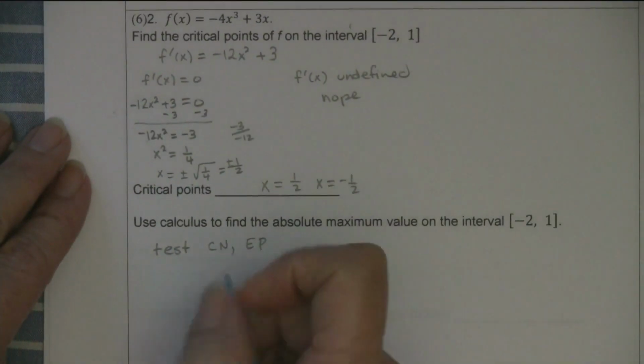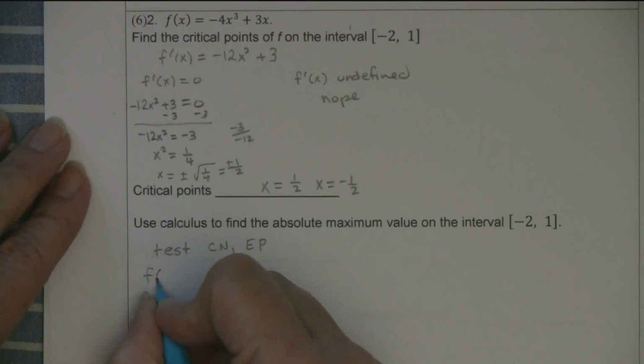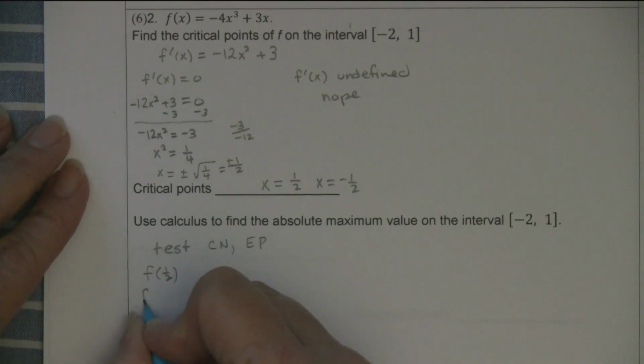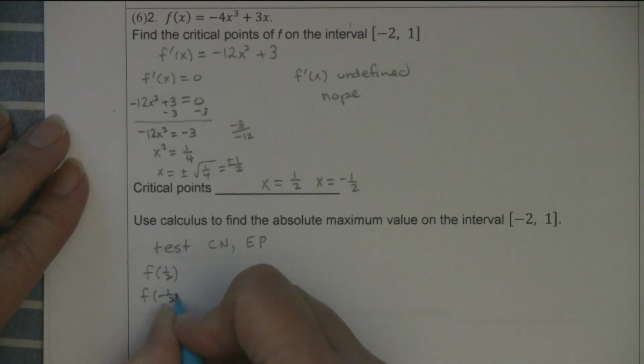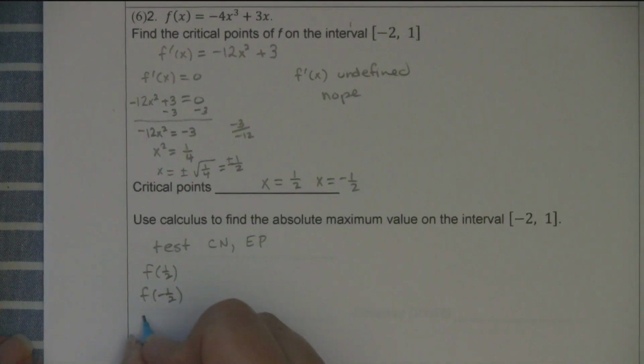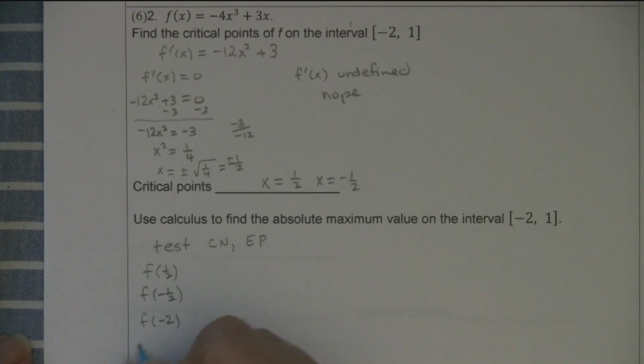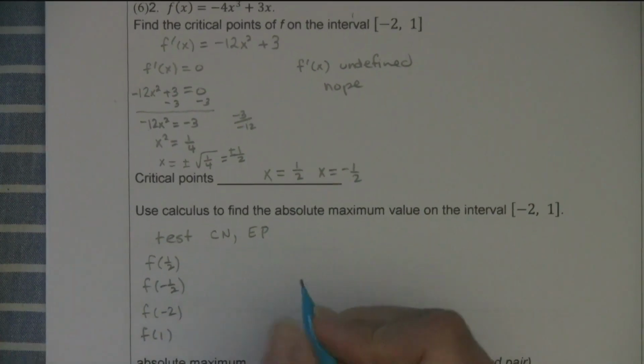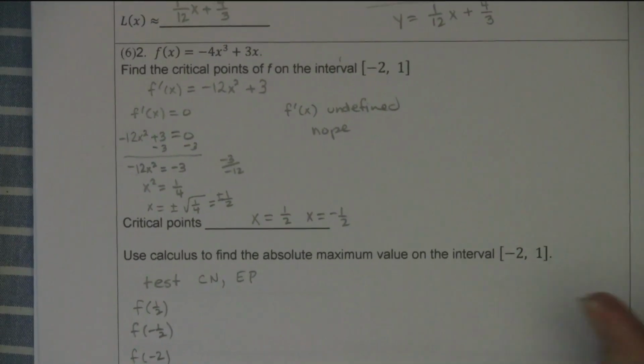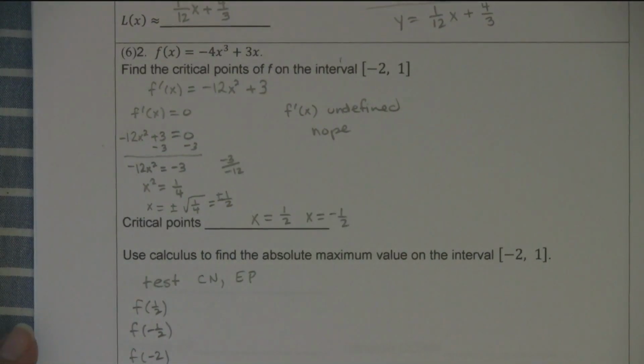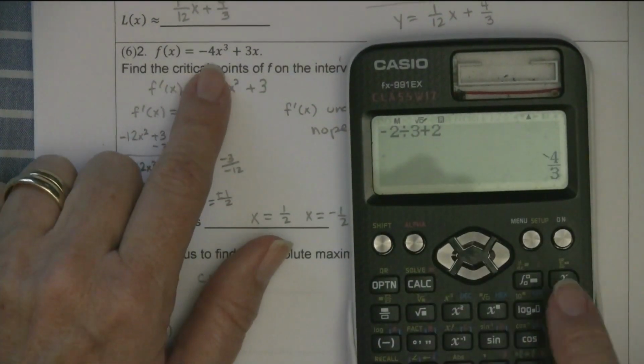So I'm going to be testing those in f. So f of 1/2, f of negative 1/2, there's my critical numbers, f of negative 2, and f of 1. I'm going to be putting those into f, and the highest one is the absolute max.